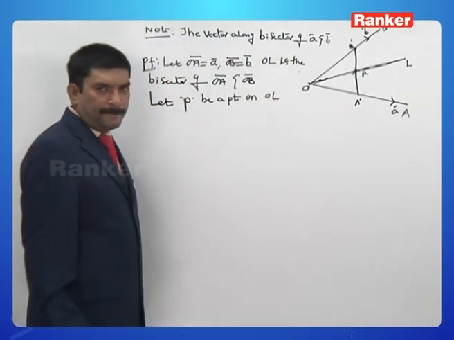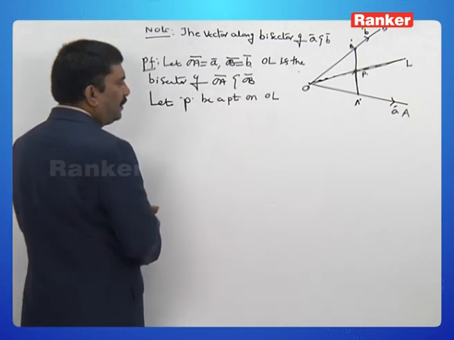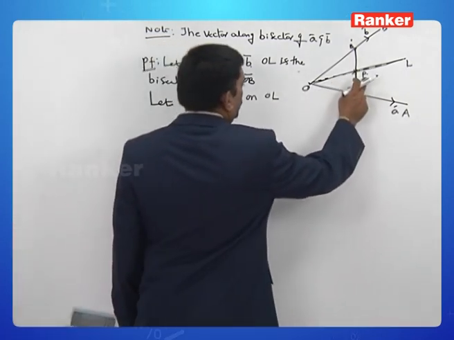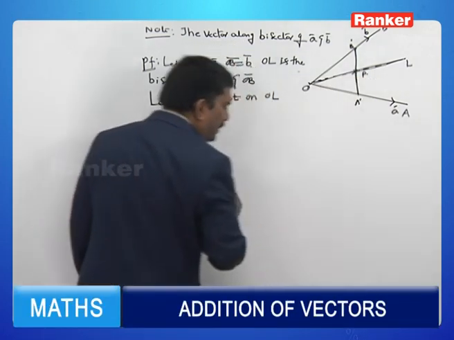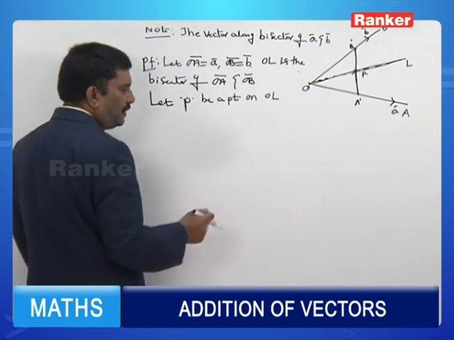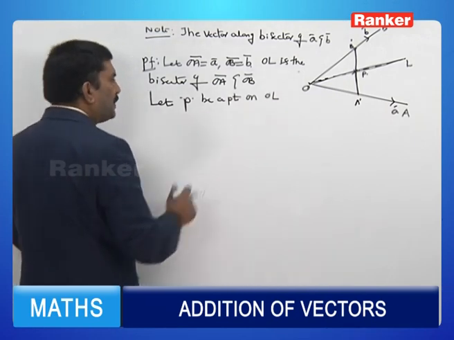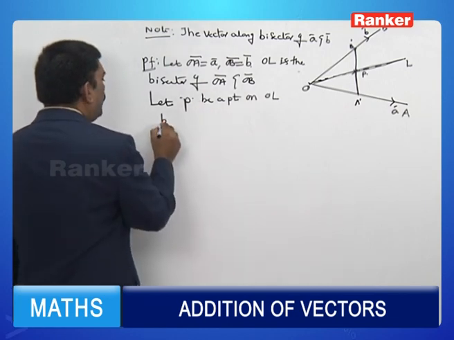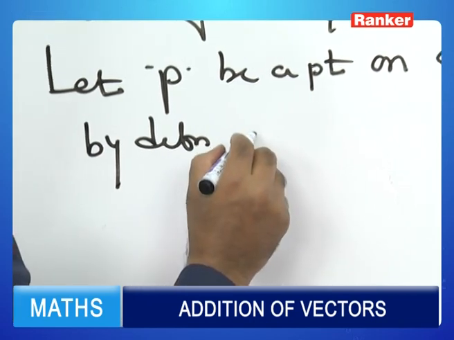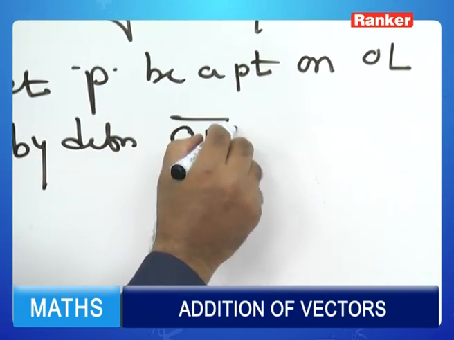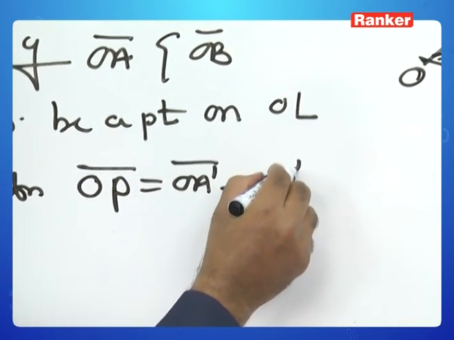It's a bisector. So therefore, as I told earlier, when the point is on the bisector, you can very well observe this acts as a what? Median. I wrote, yes, AD bar is equal to sum of the two vectors by 2. So therefore, now by definition, I can write, OP bar is equal to OA dash bar plus OB dash bar.